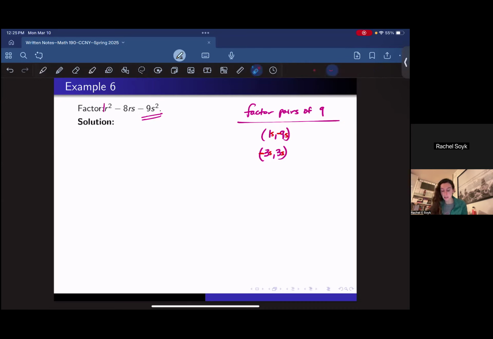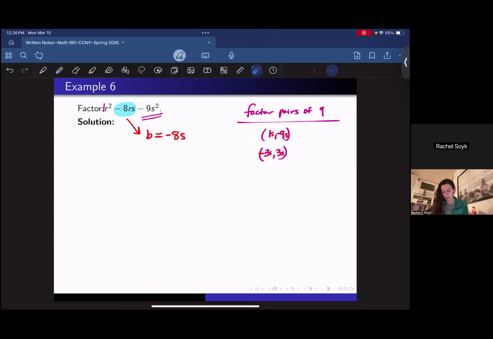And the reason being is if we look at that b value, which is negative 8rs, well, our b, this is really our sort of bx, our b is negative 8s. And so of the factor pairs, when we add them up, if one was just s squared, it will never give us that variable of s.